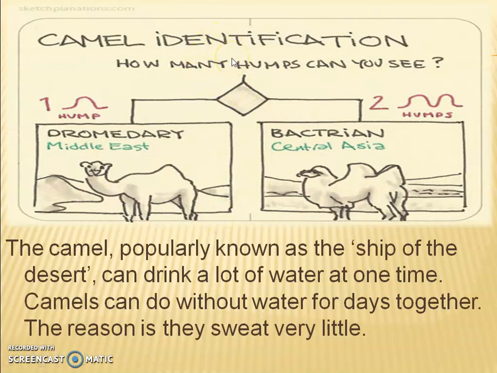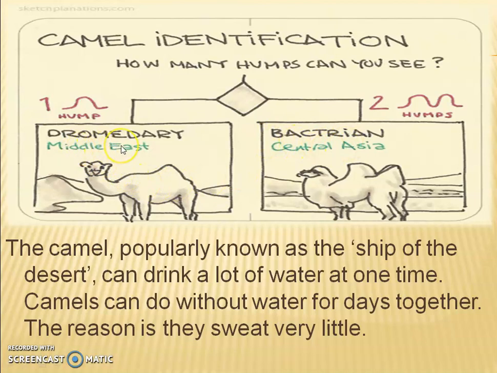Children, last year, that is in 6th standard, you came across a chapter in English, that is Desert, right? It was also related to desert animals. In that you studied about camel identification. Mostly there are two types of camel. One is the dromedary and the other one is the Bactrian.